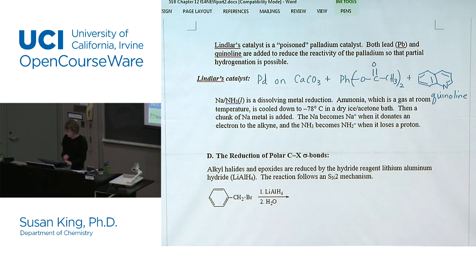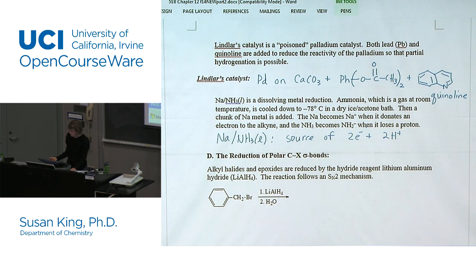The sodium becomes Na+ when it donates an electron, and the NH3 becomes NH2- when it loses a proton. So this was that second type of reduction that we were talking about. NH3 liquid is a source of 2 electrons and 2 protons.